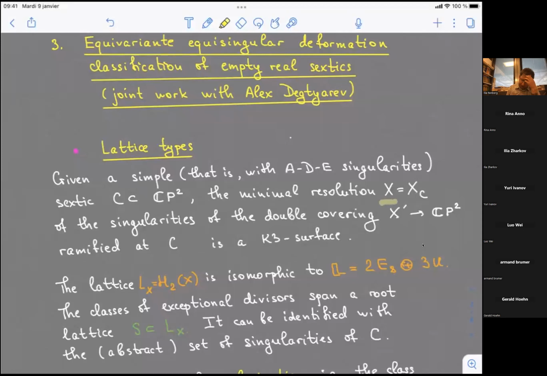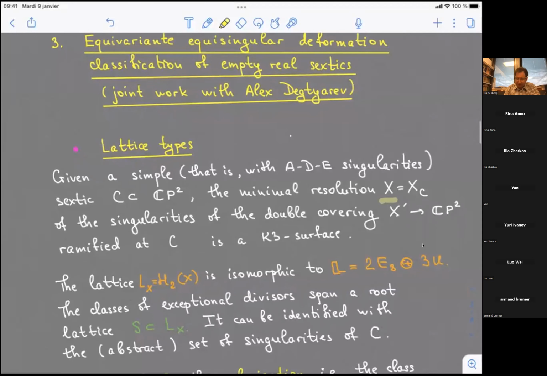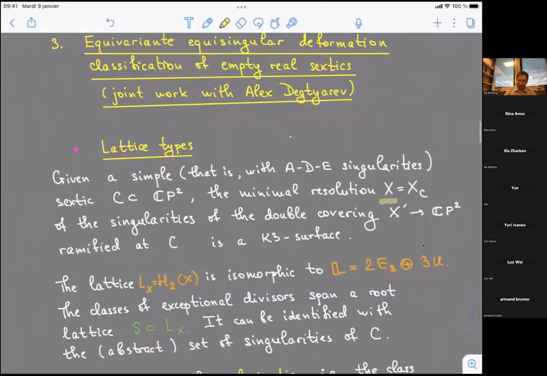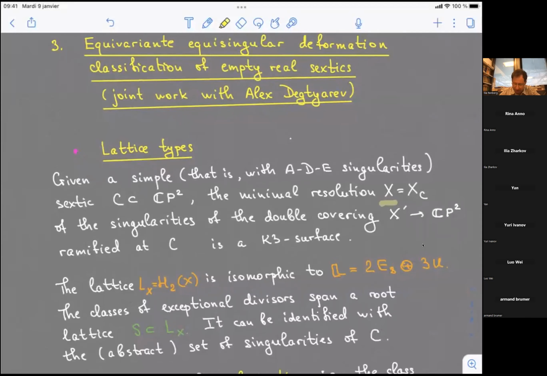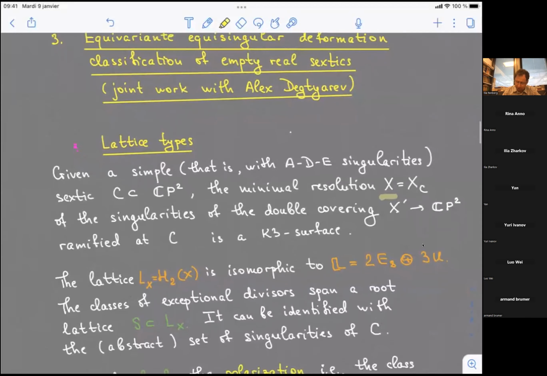So we can consider the second homology of X. Via Poincare isomorphism, I will identify the second homology and second cohomology of X. So Ilya, excuse me. When you say K3, it's an algebraic K3. You always assume. So it's even a 2-polarized K3. Okay, good. So of course, it's not just any K3. It's a 2-polarized K3, and I will come to this.